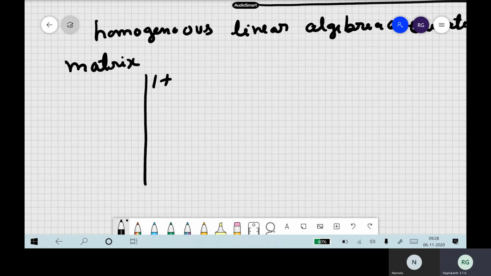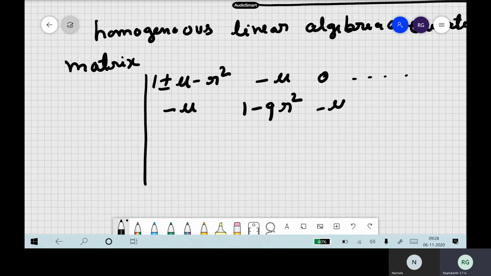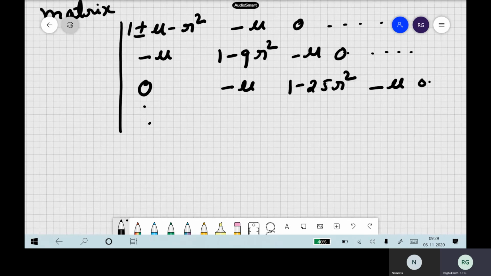So 1 plus r minus mu minus r square, then minus mu, 0, all are zeros actually. Then minus mu, 1 minus 9 times r square, then minus mu, 0, like this. Then 0, then minus mu, 1 minus 25 r square, then minus mu, and of course 0, and then the terms go away.